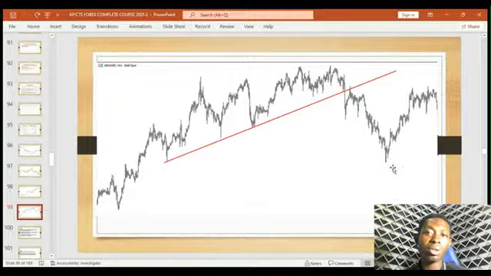Because the trend line was broken. We said earlier that when a trend line breaks out, it is an indication that price is about to go in the opposite direction. So what do you do? You follow it, and that's it. Now let me take you to the next slide.